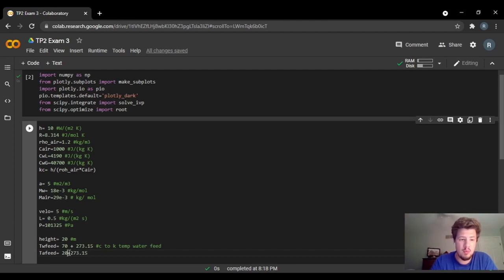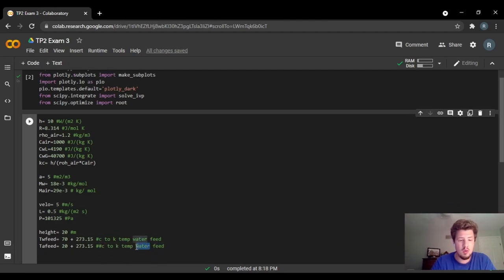Again, that's Celsius to Kelvin for the gas phase. Now, we are going to want to graph this, so I'm going to put in a line of code for the equally spaced lines.